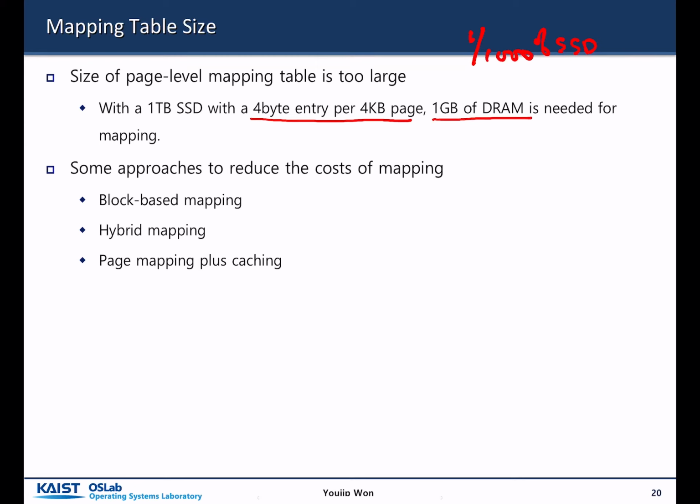So many people have come up with new ideas to reduce the size of the mapping table: block-based mapping, or block mapping, or hybrid mapping, or page mapping with caching.